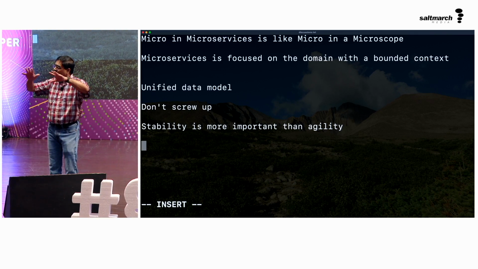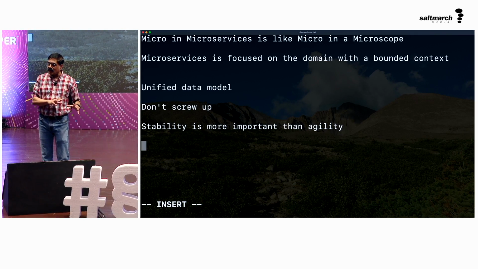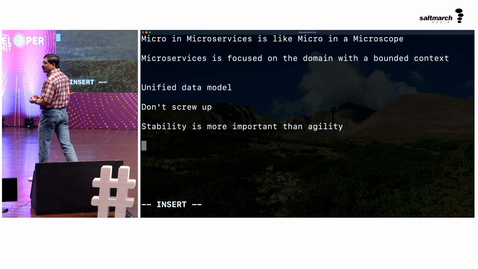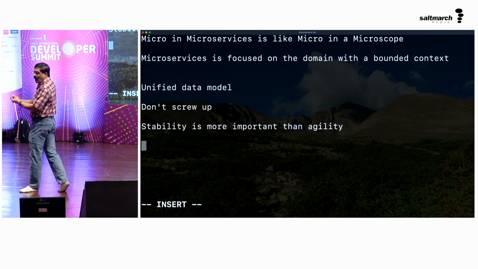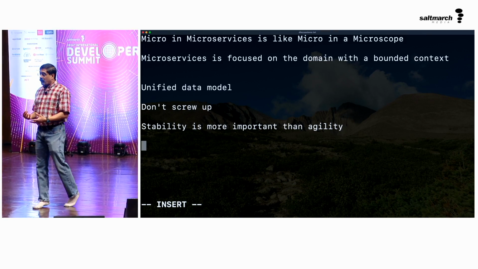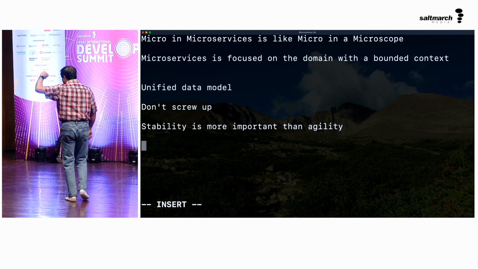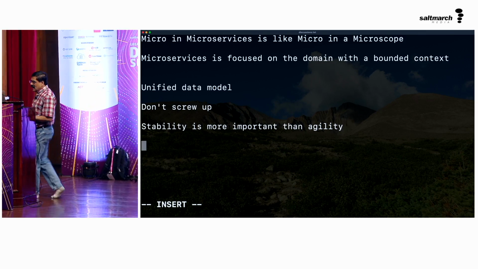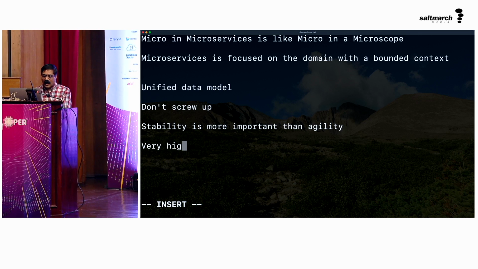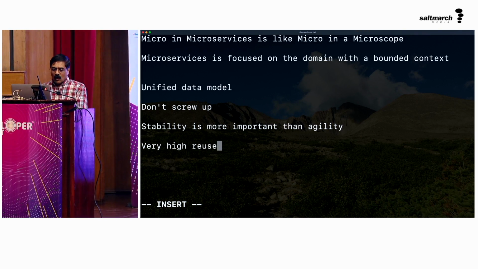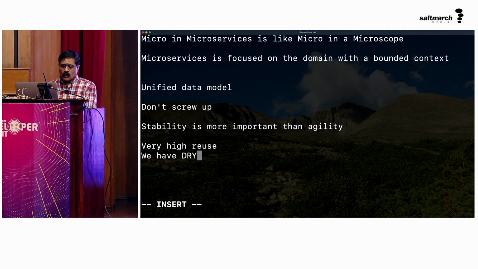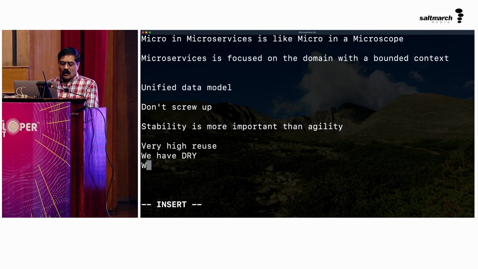When everybody is done, we can make this change. So what did we lose in this case? We totally lost agility. But you say, aha, but notice what we did. We have very high reuse. We have DRY, but we have low agility.